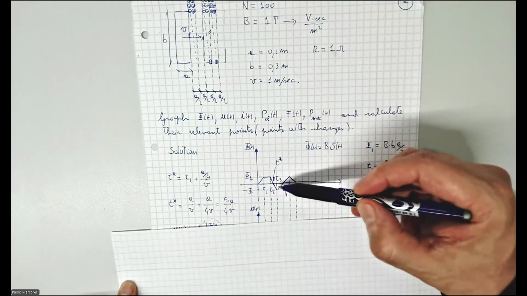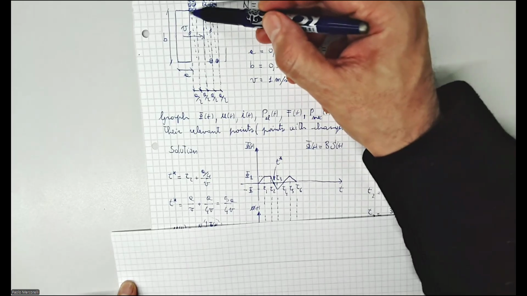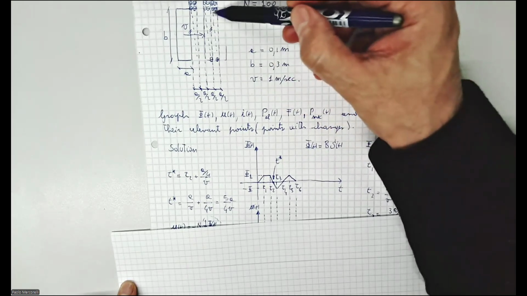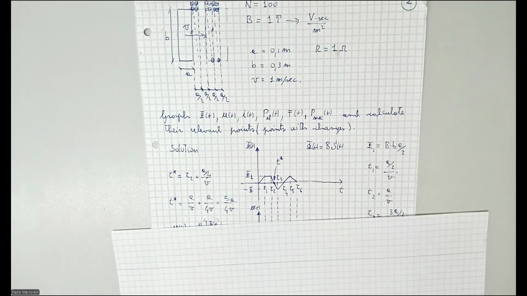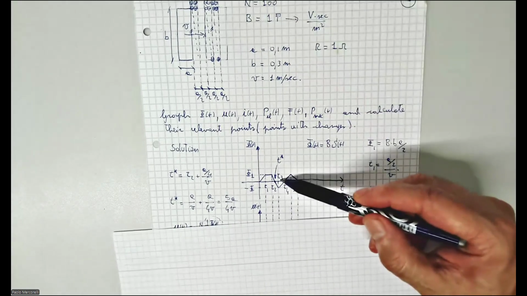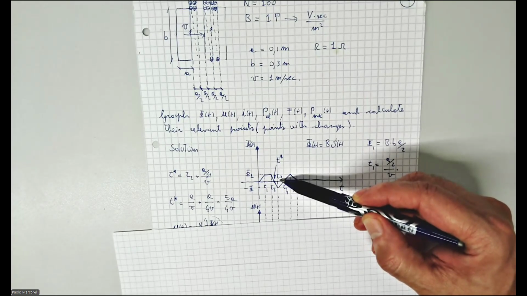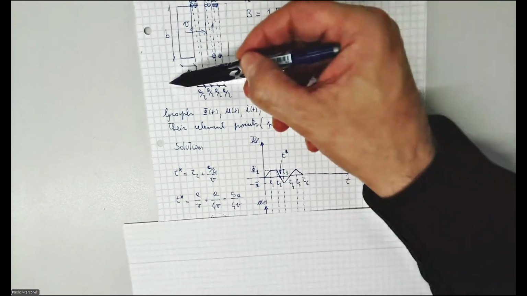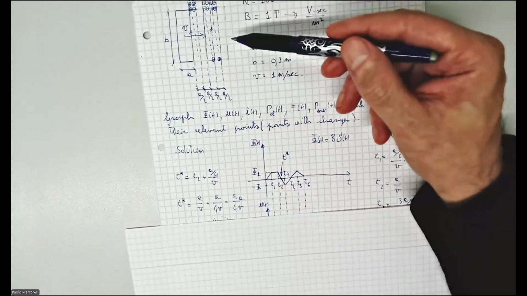Because T3 represents the minimal flux, and then when this conductor is here, we have the maximal negative. This means, once you understood the exercise before, until T3 we don't have to think anything. The calculations, the values, are exactly the same. Of course, please pay attention to the dimension. It seems to be exactly the same.